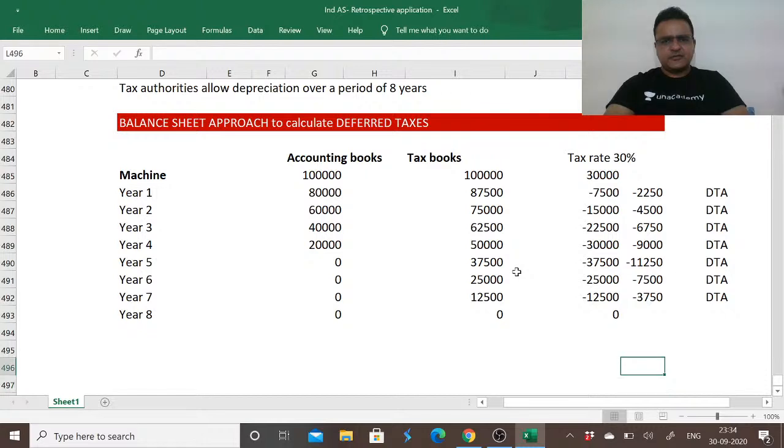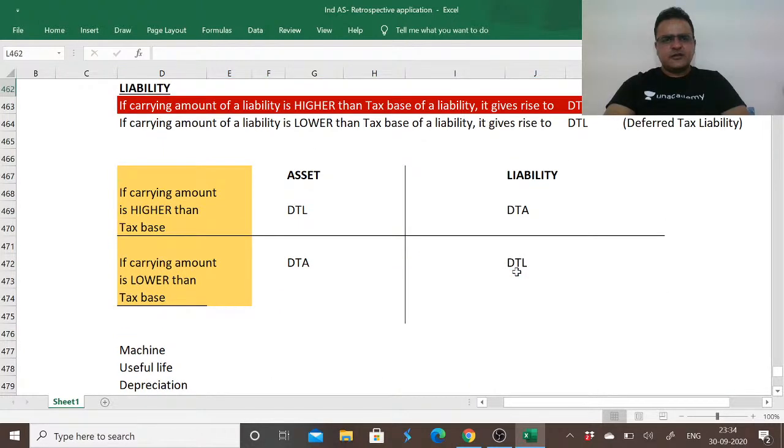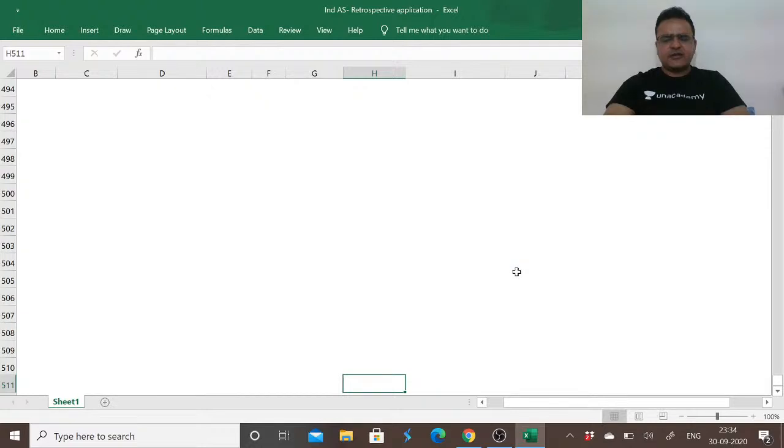In case of a liability, if carrying amount of a liability is higher than tax base of liability, it gives rise to DTA. If carrying amount of a liability is lower than tax base of liability, it gives rise to DTL. In case of a liability, the definition of tax base of liability is slightly different.